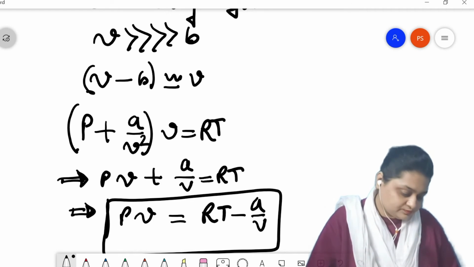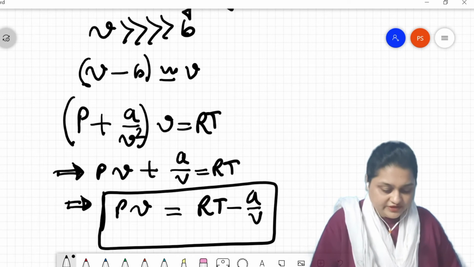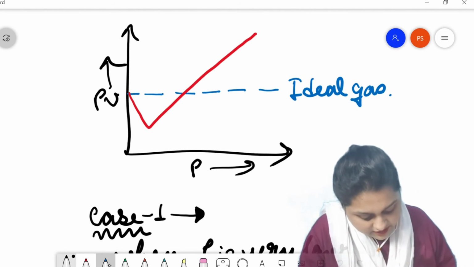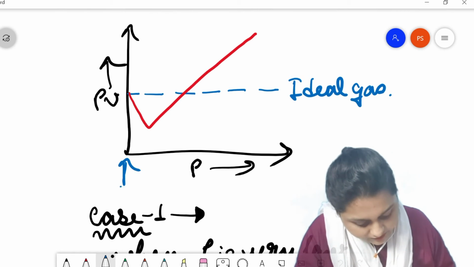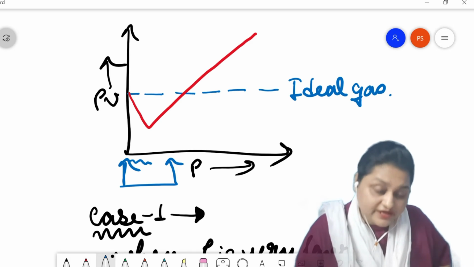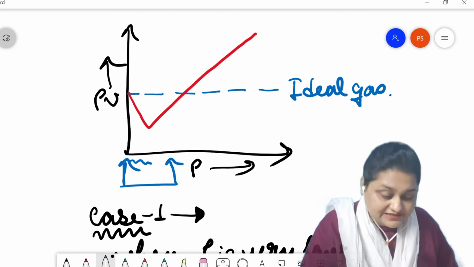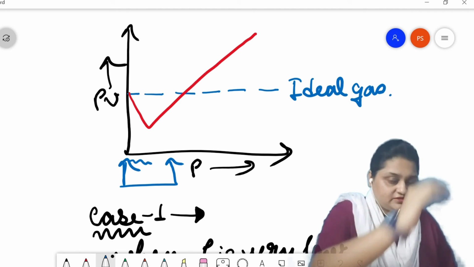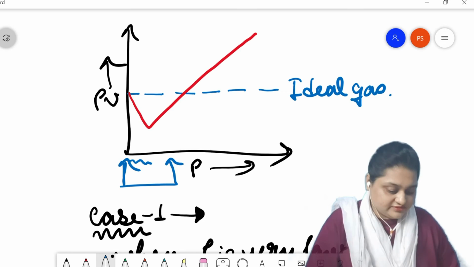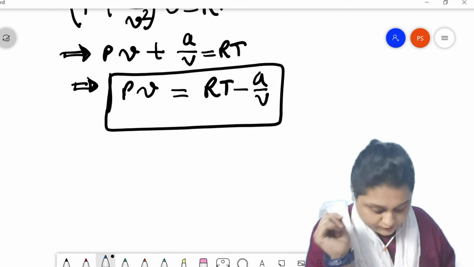Now this equation is evident in the low pressure range in the graph, where at the lower pressure range we are seeing that with the increase in the pressure, the PV curve is decreasing till a point. Then at the higher pressure range, with the increase in the pressure, the PV value is increasing, which we are going to study in case number 2.